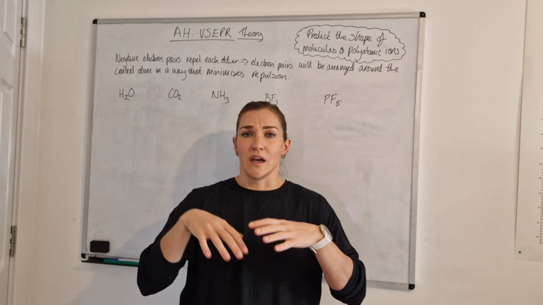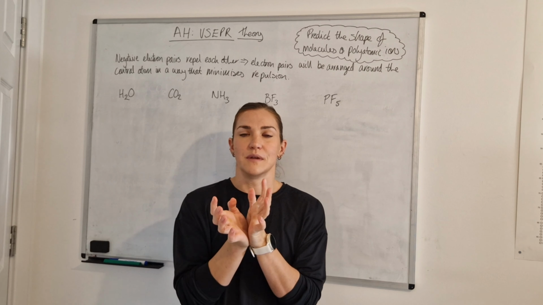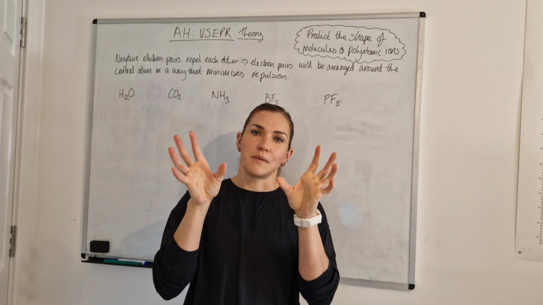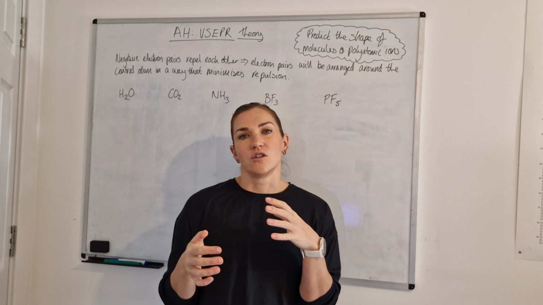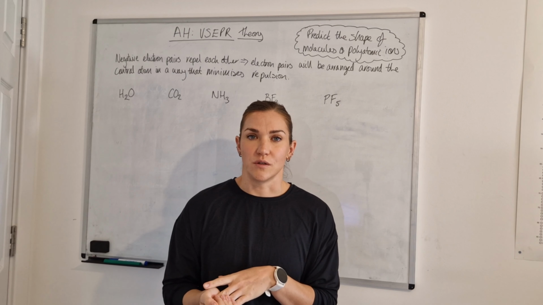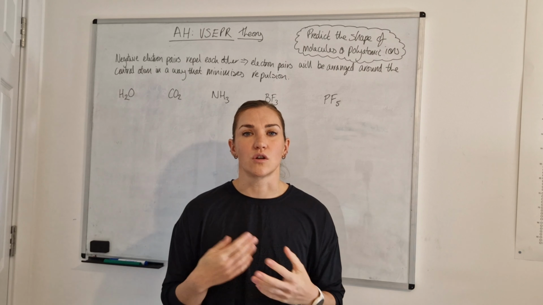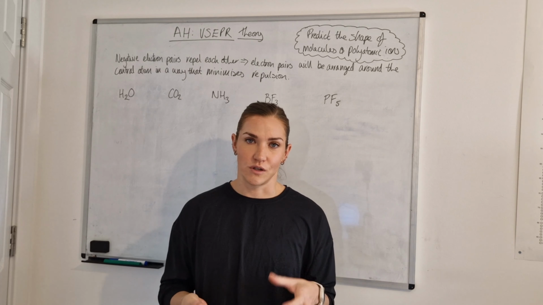Because of this, if you have pairs of electrons around a central atom in a molecule, those pairs will space themselves out and arrange themselves around the central atom so that they minimise the repulsion they experience from each other as much as possible. So it's all about trying to get your pairs of electrons as far away from each other as you can.